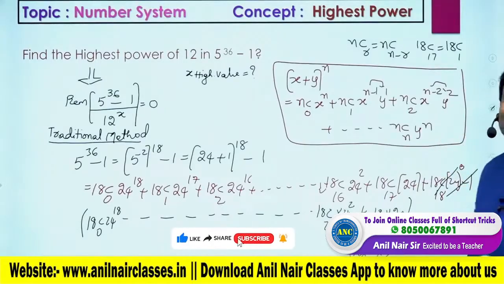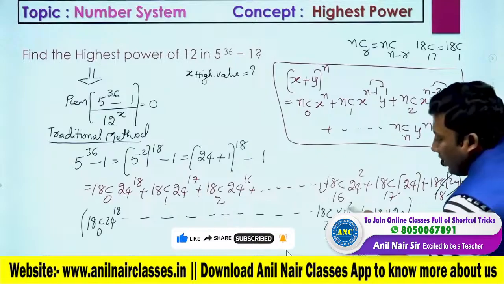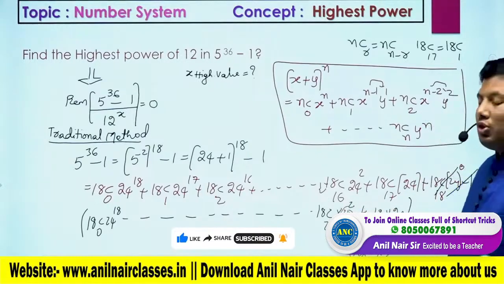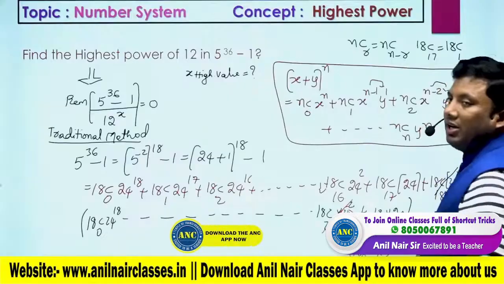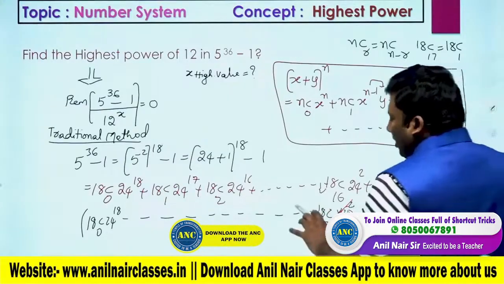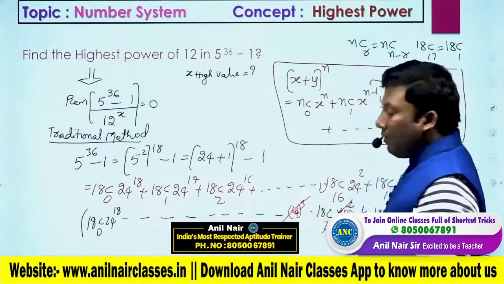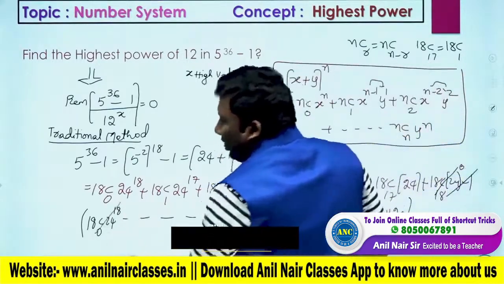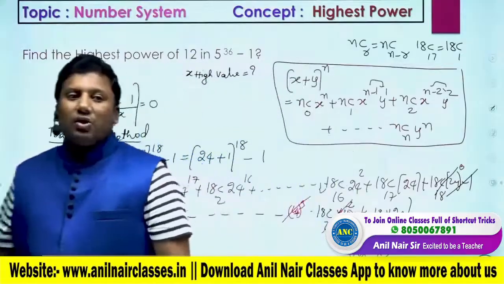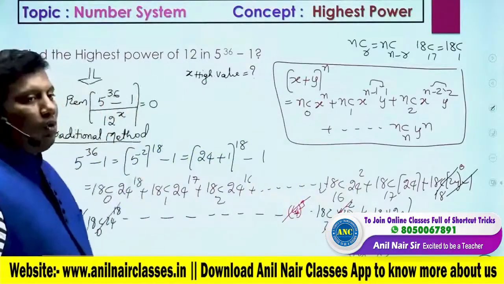Yes or no? 24 is 12 into 2, so 24 square also contains 2 powers of 12. 24 power 3 also contains minimum 2 powers of 12. 12 into 2 power 18 also contains minimum 2 powers of 12.